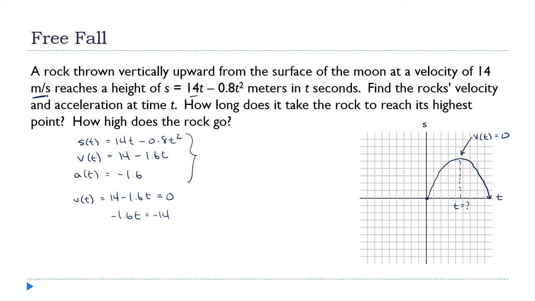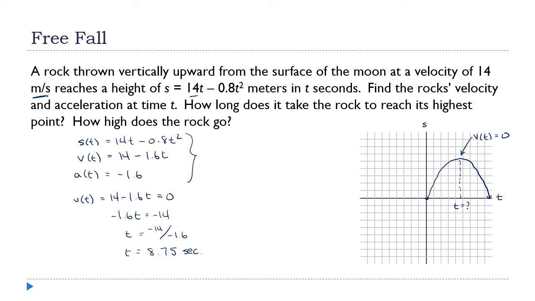Divide both sides by negative 1.6. t is equal to negative 14 divided by negative 1.6. And I get t equals 8.75. Remember, when you're doing practical problems, we always add the units for a final answer. So it's 8.75 seconds.